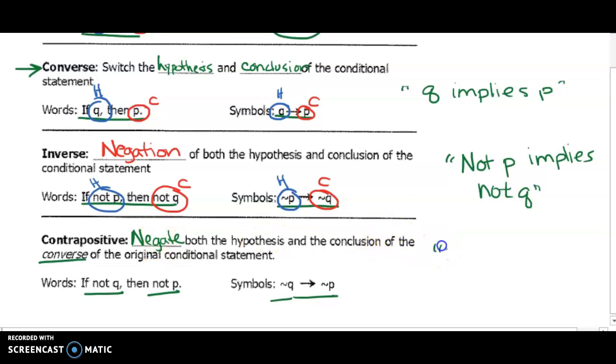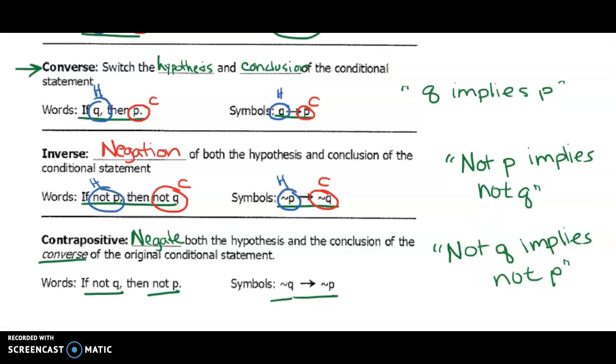As you could probably guess, this can also be not Q implies not P. And my hypothesis, remember hypothesis always comes first, so my not Q is my hypothesis. And then my not P is my conclusion.